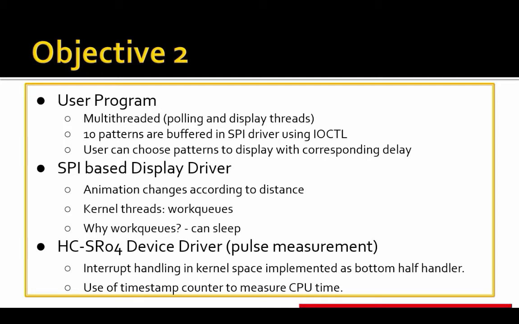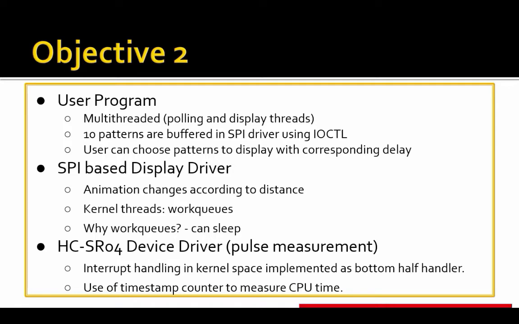So now in task 2, some operations were moved to device drivers. Similar to task 1, a multi-threaded user program is developed over here. 10 patterns are buffered in the SPI driver using an IOCTL call, and the user will choose which pattern to display with the corresponding delay.